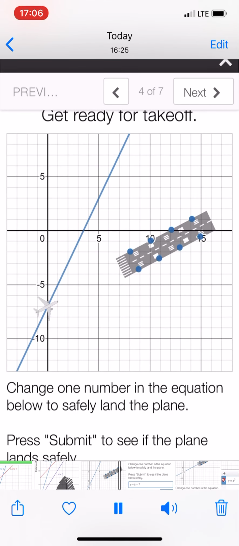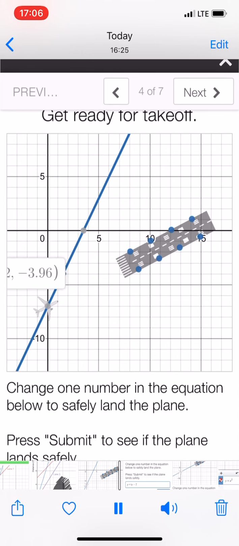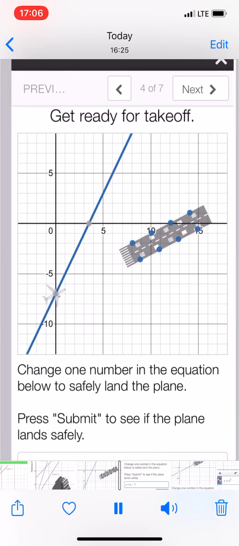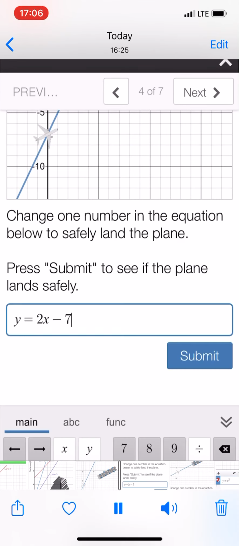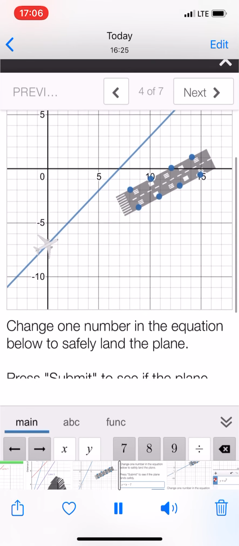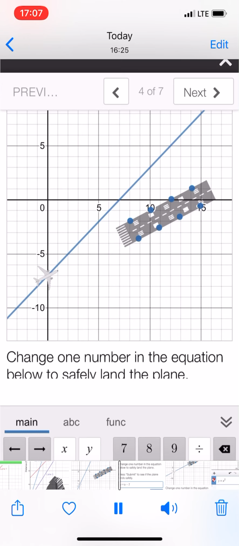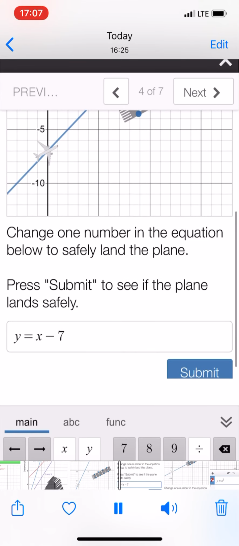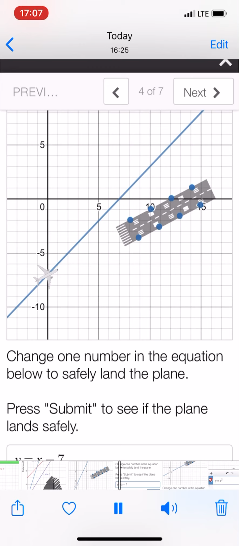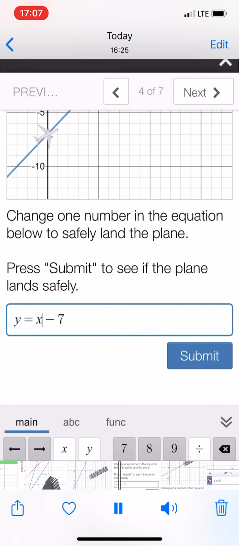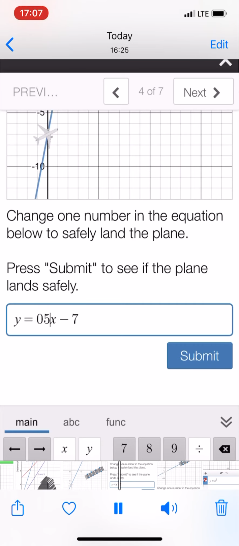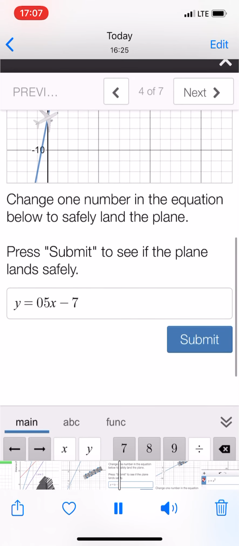Okay, so now kids are like, all right, we gotta land this plane. So do we want a smaller slope or a bigger slope? Will that change? Let's try. Okay, well, let's use a slope of 1. Well, slope of 1 got us closer, but it didn't quite reach the flight path that we're looking for. While we still need a smaller slope, let's try half, 1/2.